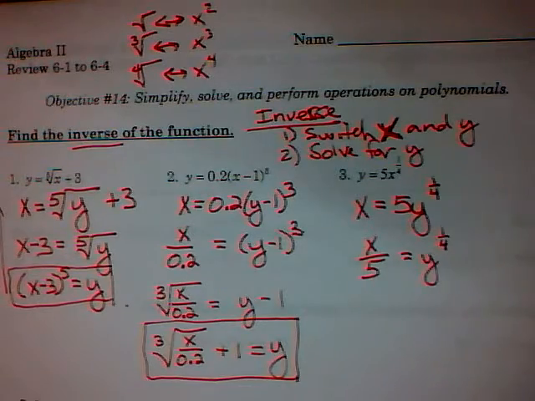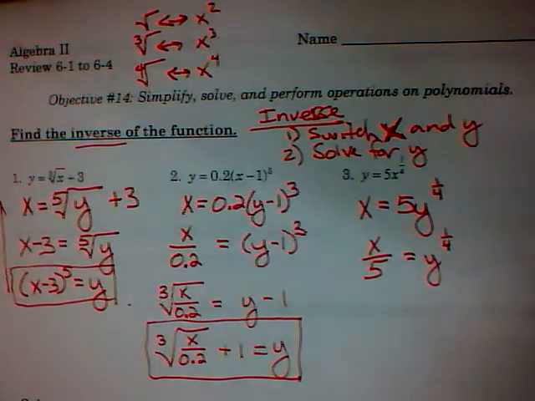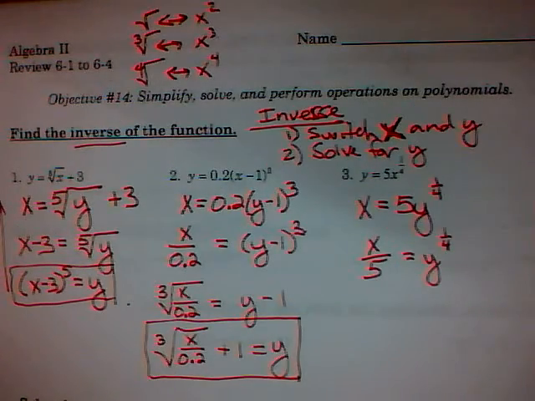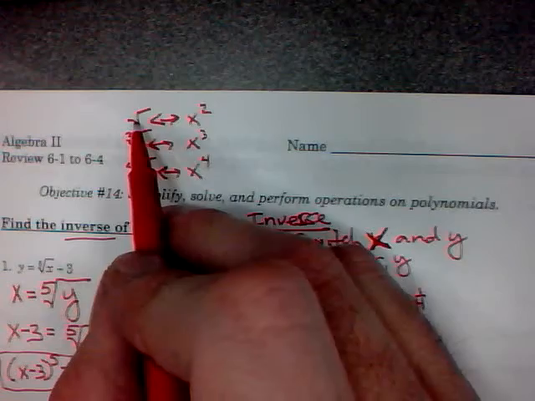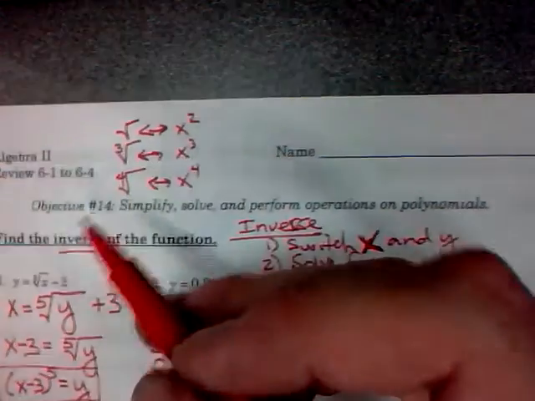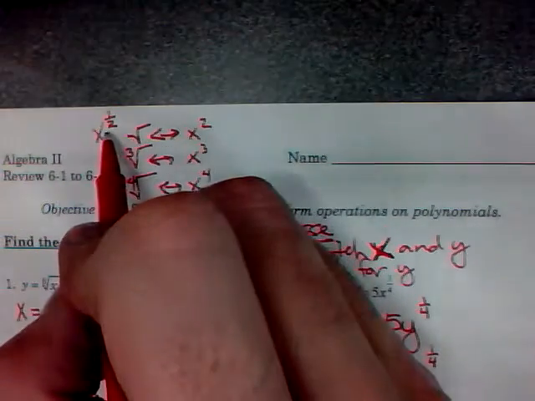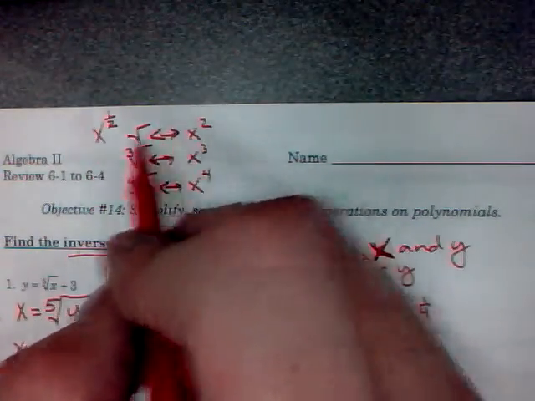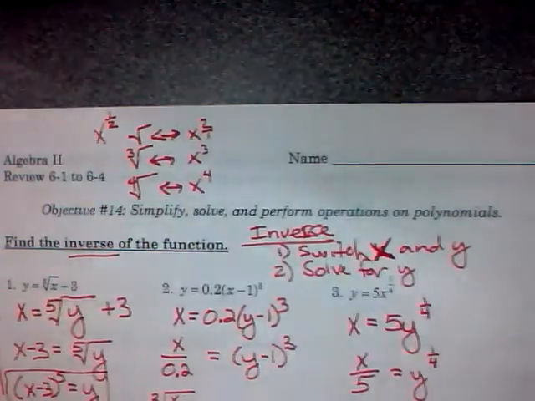Okay. And then here, this one might be a little tricky because we have a 1/4 power. So how do you move a 1/4 power? Well, let's go back to this question up here. The square root, we should know, is actually x to the 1/2 power. So if we want to go from a square root, which is the 1/2 power, over to the squared, you'll notice that 2 is actually over 1.